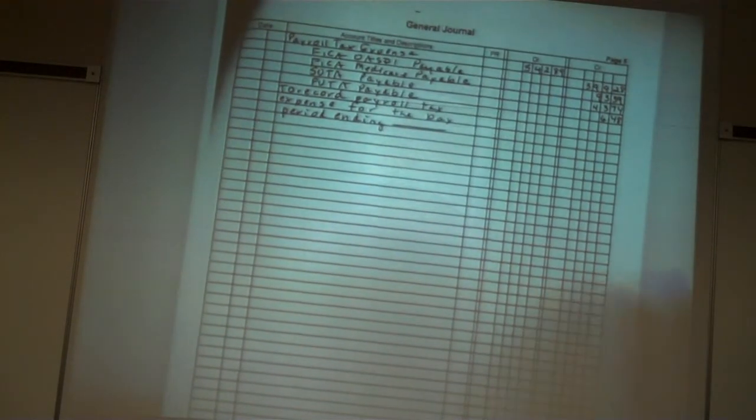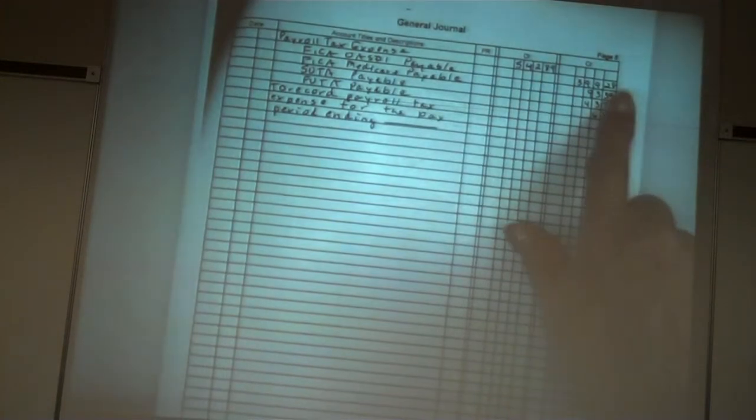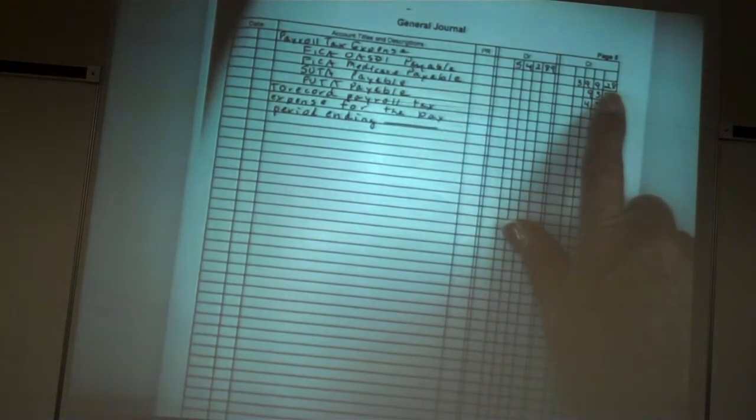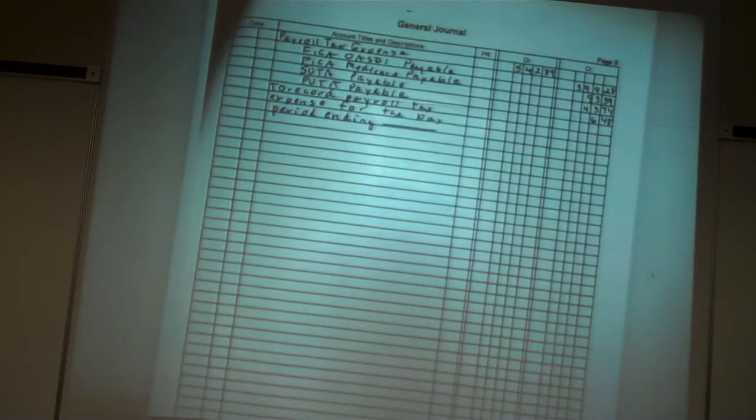The second transaction that we have is to record the payroll taxes. Whose responsibility will the payroll taxes be? The employer. The employer has to match what we withheld from the checks for the FICA OASDI and the FICA Medicare. We're matching it.